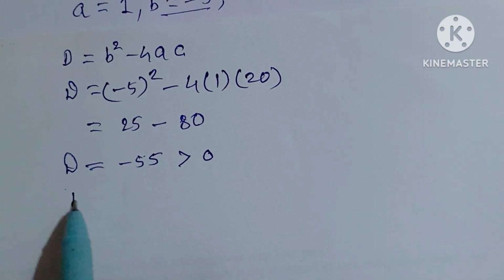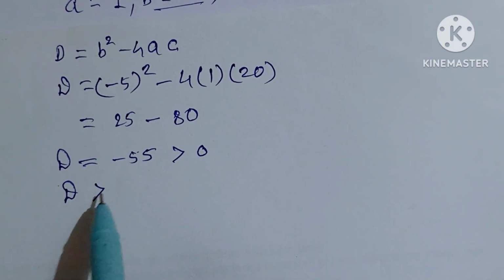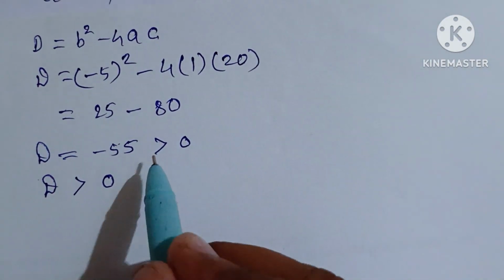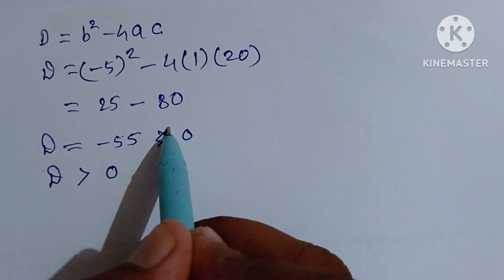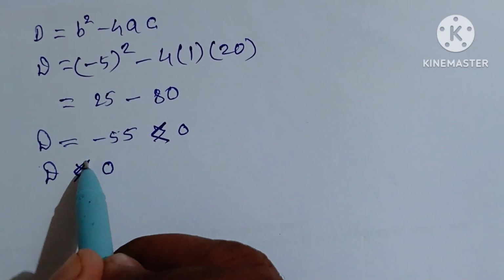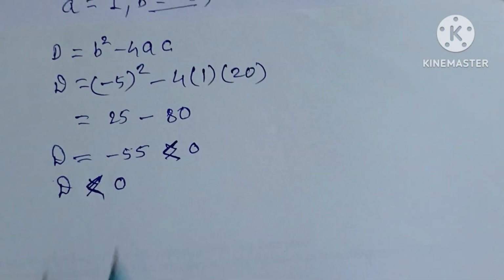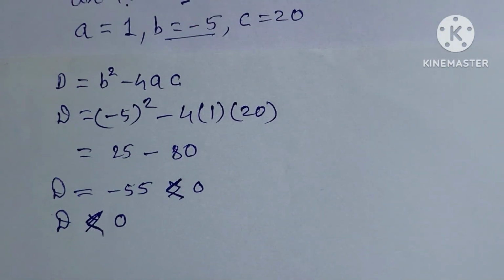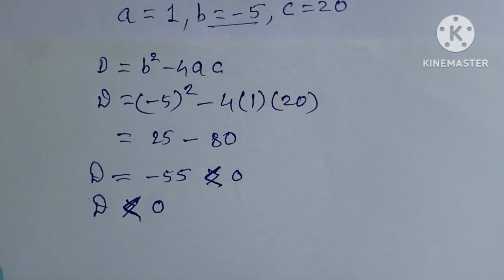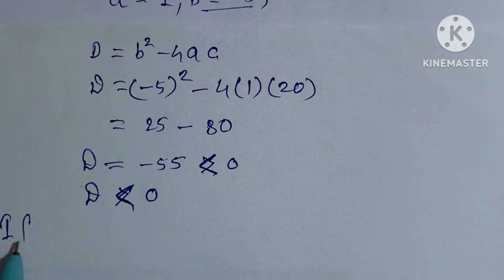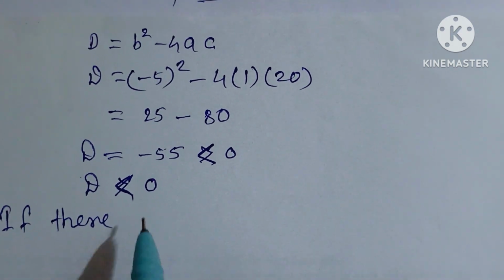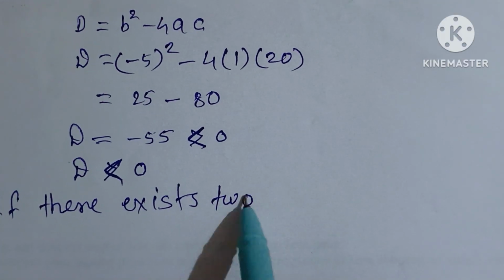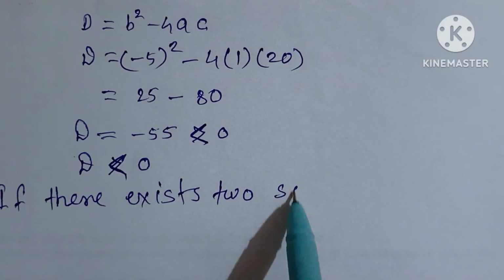So we can write D is less than 0. We write the symbol like this, not like this. D is less than 0. So there exist two solutions.